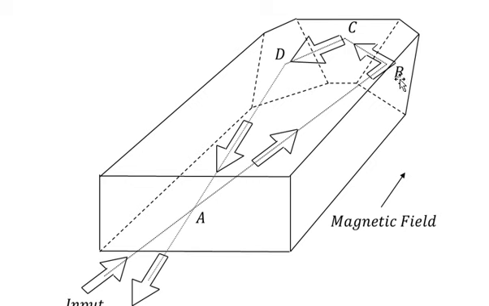We can say that the plane of incidence at point B makes an angle, say capital R, with the plane of incidence at point A. Similarly, the plane of incidence at point D also makes the same angle R with respect to the plane of incidence at point A. It means that the planes of incidence at point B and at point D are parallel to each other.